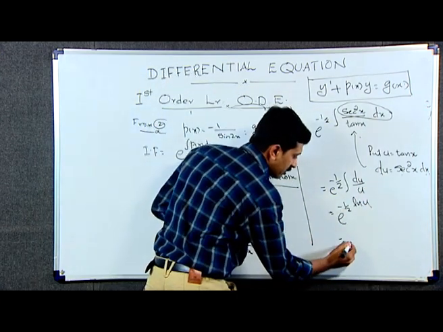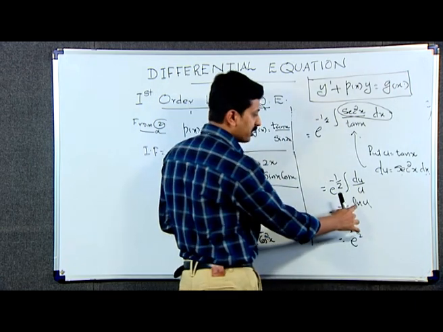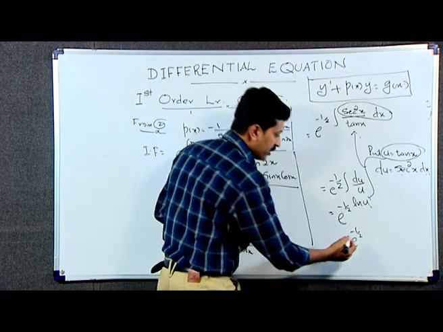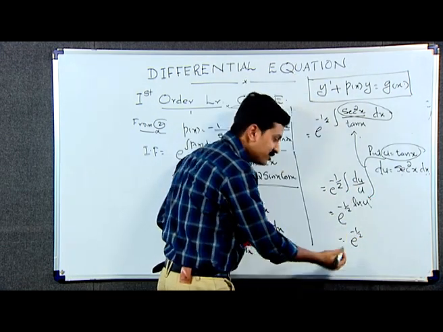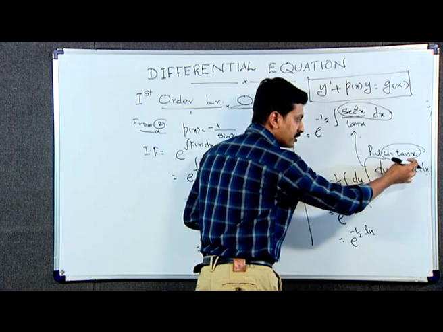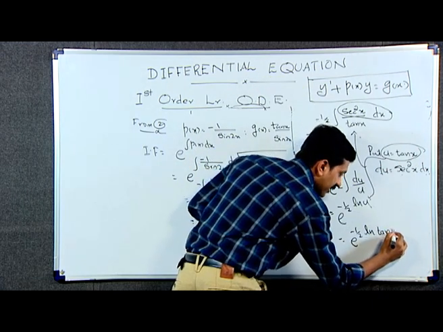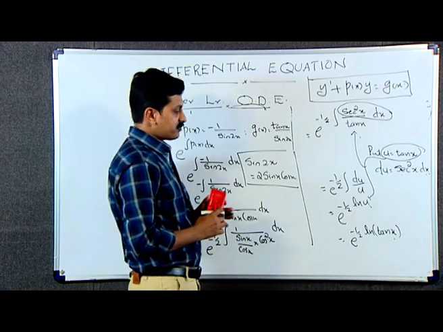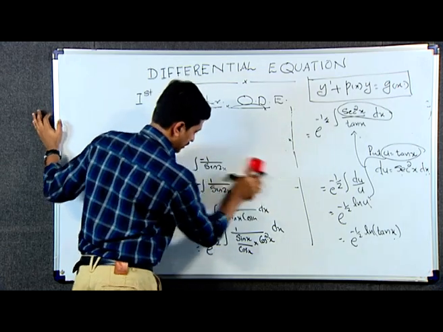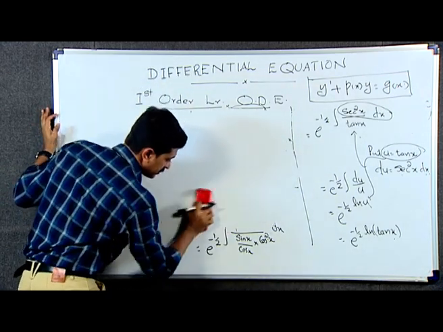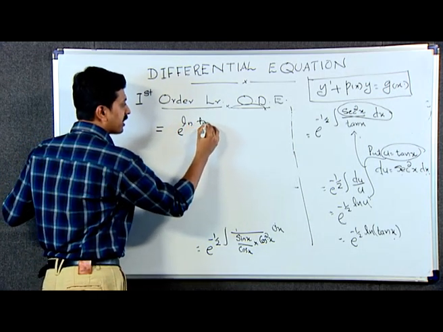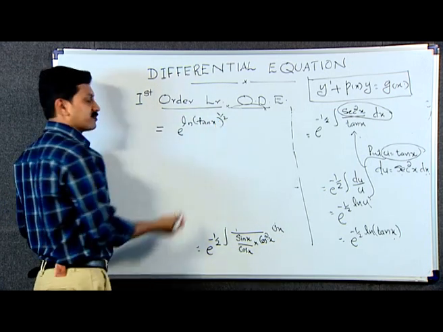Therefore, this is equal to e raised to minus 1 by 2 log of, instead of u, we replace it by tan x, log tan x. Again we can write this as e raised to log tan x, whole raised to 1 by 2.